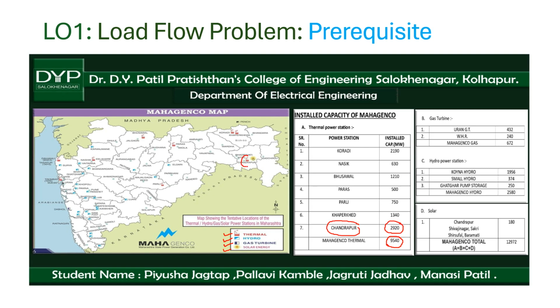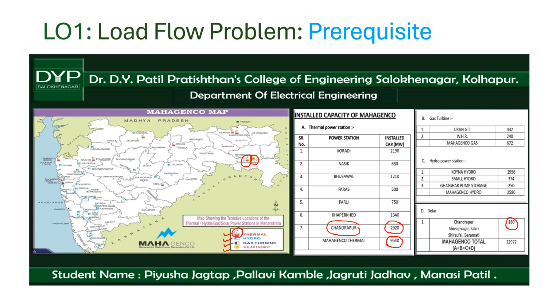2,920 megawatt. So, where is Chandrapur? Chandrapur is over here. You can see this is Chandrapur thermal power station, and in Chandrapur we also have solar power generation, 180 megawatt. There are other thermal stations, which we can identify with this symbol.